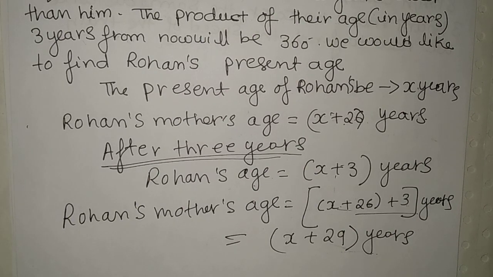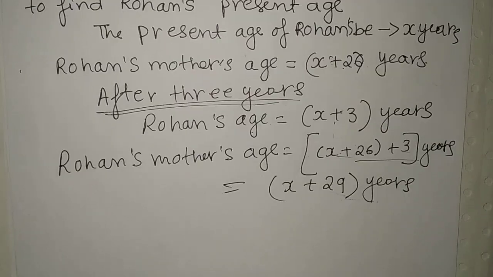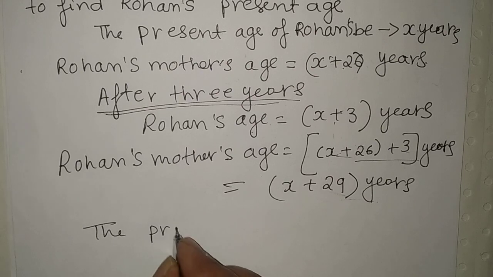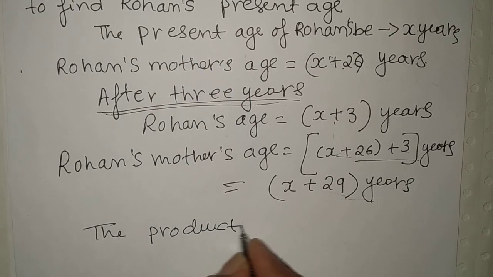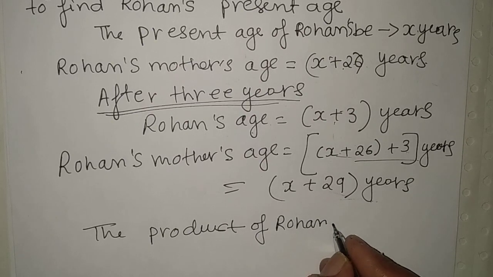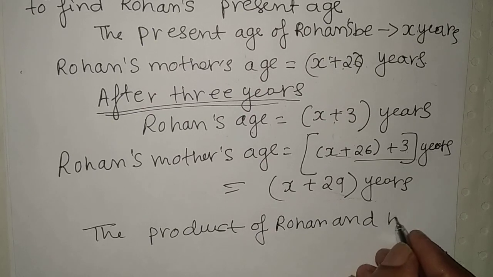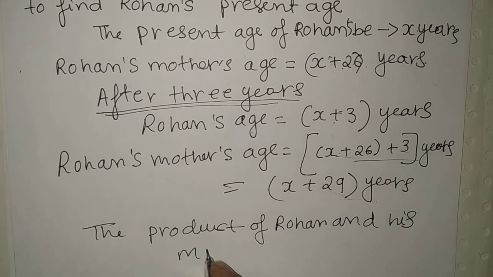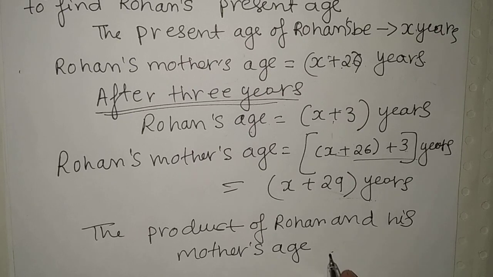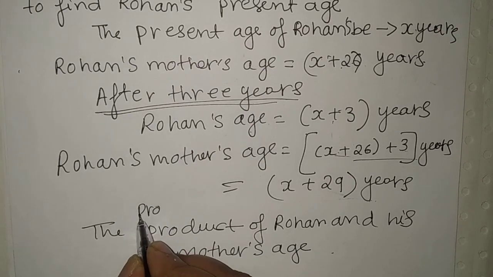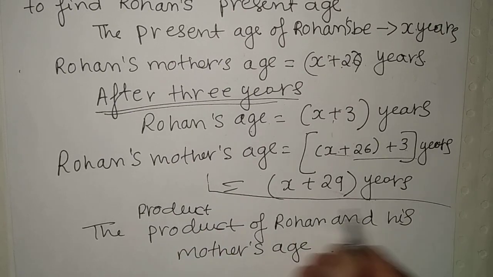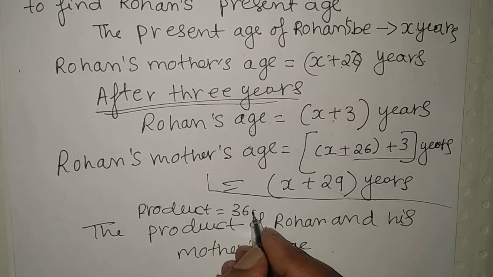So how do we conclude this? We have to take the product of Rohan's and his mother's age. The product is given as 360.